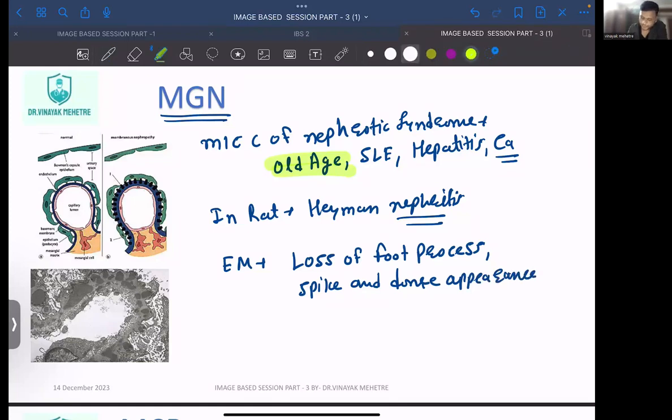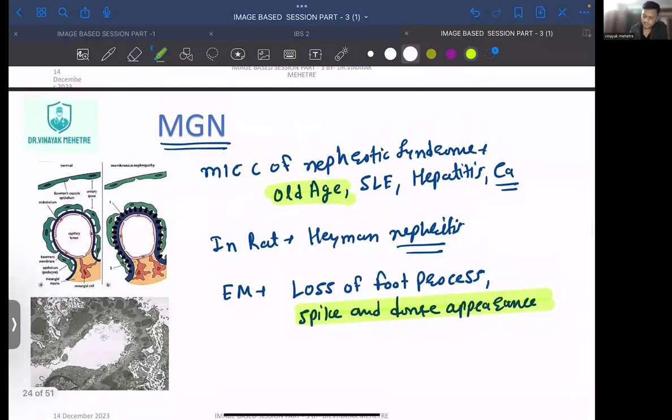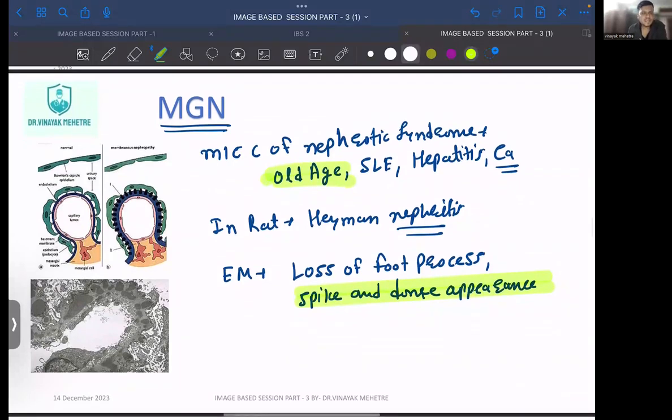So whenever you get a question, catch this line: spike and dome appearance plus old age. The answer is MGN, right? MGN.